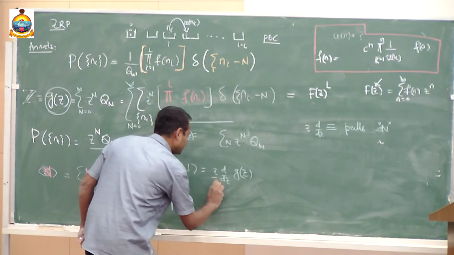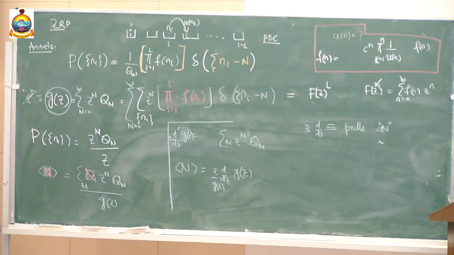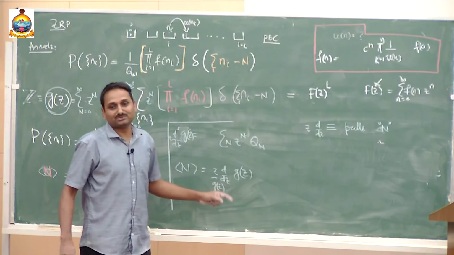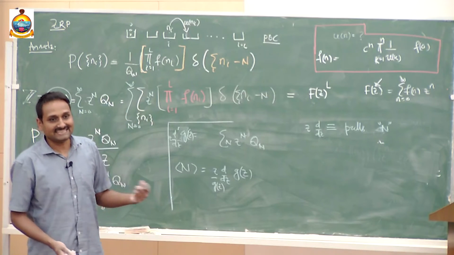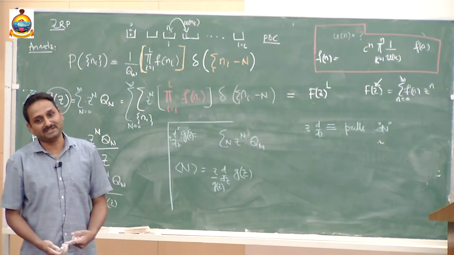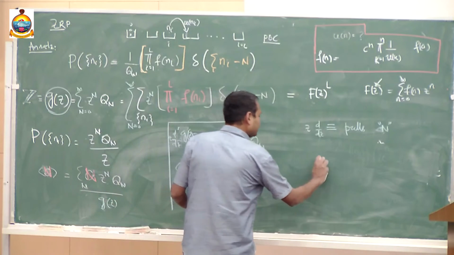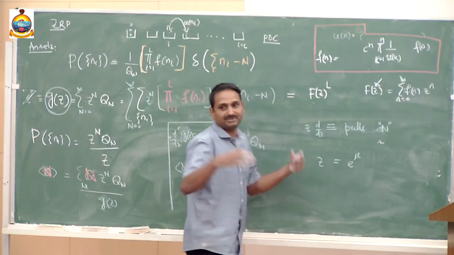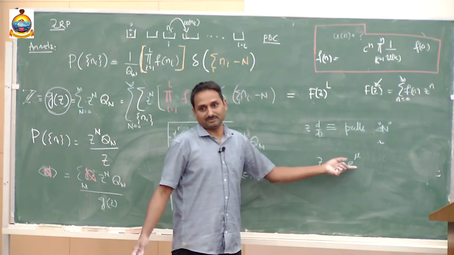But then you have also g(z) below. Because this kind of differentiation, z d by dz, comes all the time, it is good to say z is e to the power mu. So that z d by dz is just d by d mu. z can be written as e to the power mu, so that's the same equation; they're equivalent.